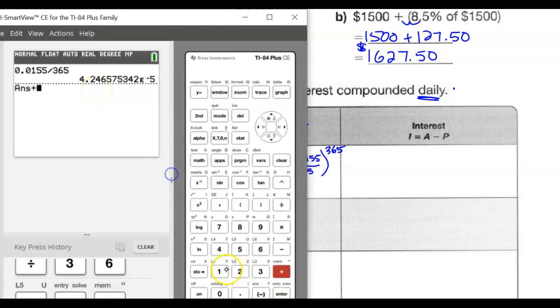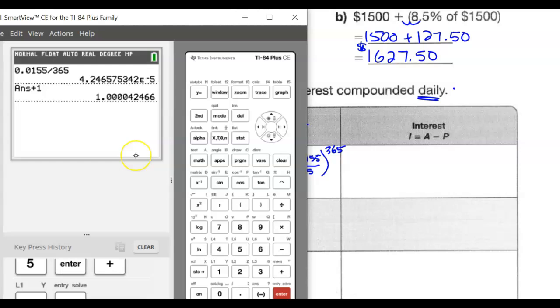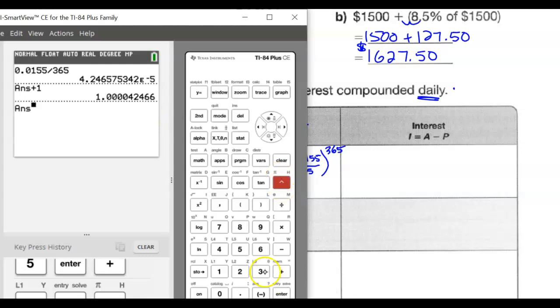We're going to add 1 to that. So we're still inside the brackets. Okay, it's a really small number. And so this is what you would do if you don't have a graphing calculator like mine. You just do it in steps, order of operations. So we've done that. Then we'll raise it to the exponent 365.